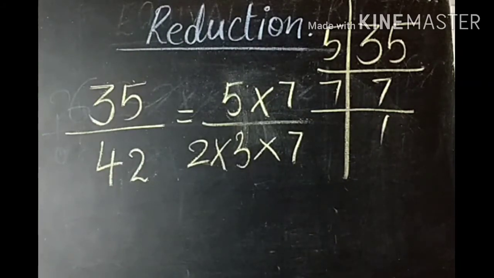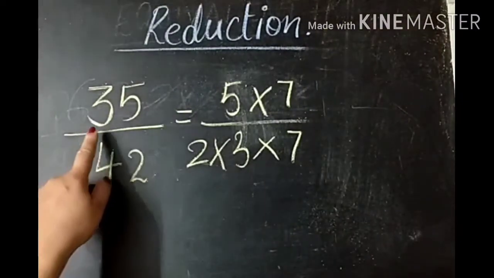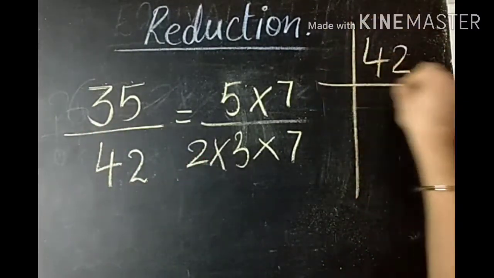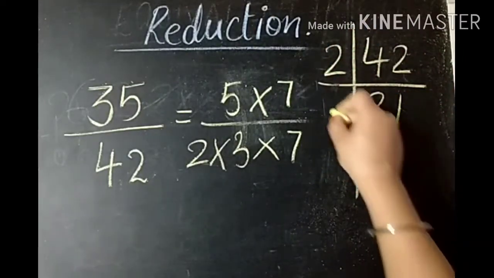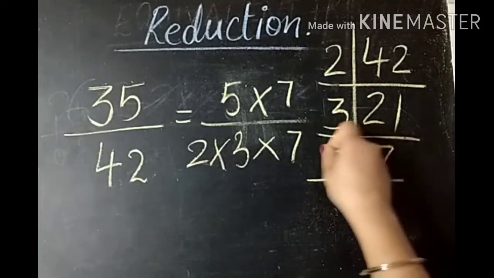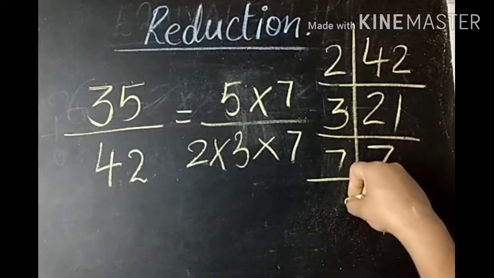So we have written the prime numbers for 35 on the top. For 42, 2 21s are 42. 3 7s are 21. And 7 1s are 7. So all these prime numbers are here.